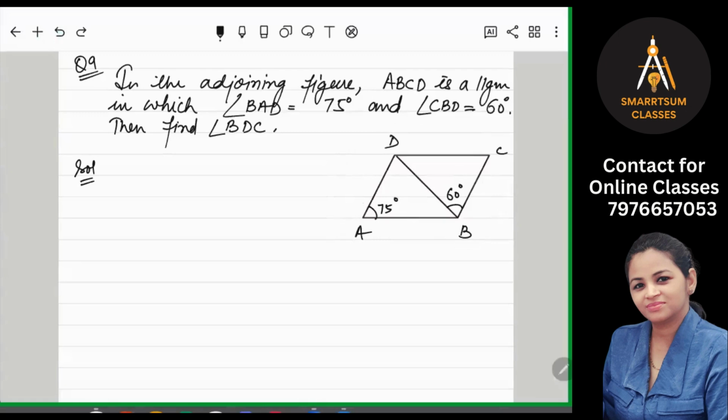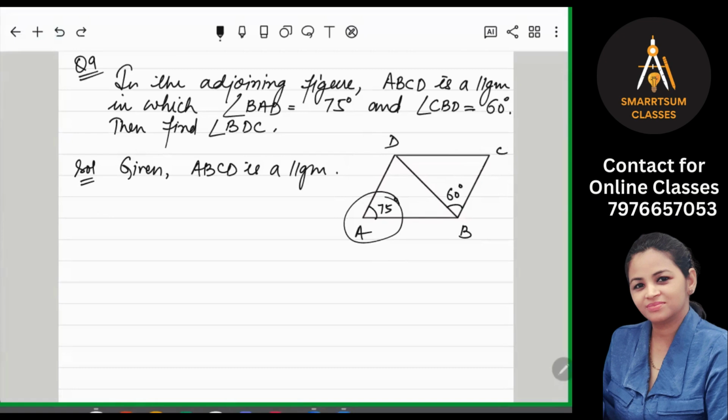Since it is already given that ABCD is a parallelogram, for this you should know the properties of the parallelogram, right? For a parallelogram, opposite angles are equal, yes or no? Okay, so if angle A is 75 degrees, angle C will also be 75 degrees.